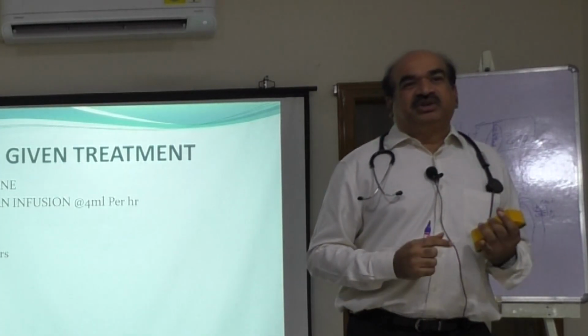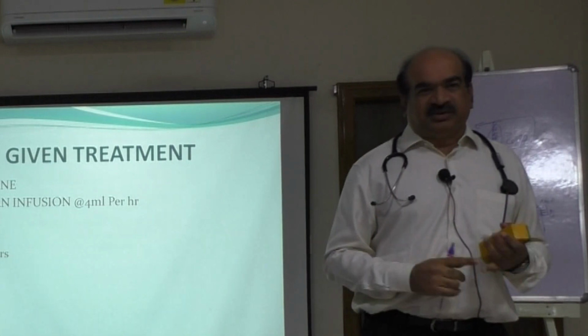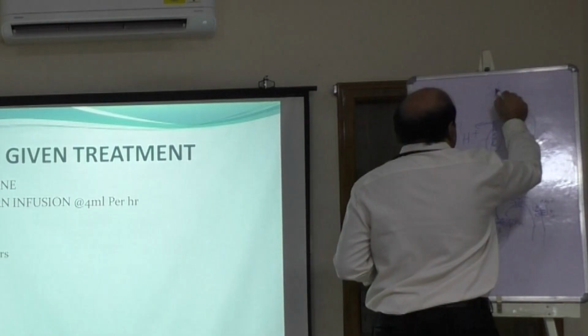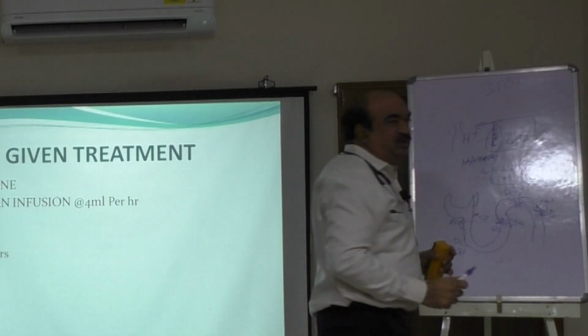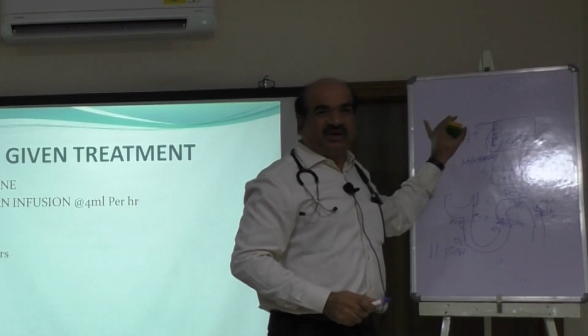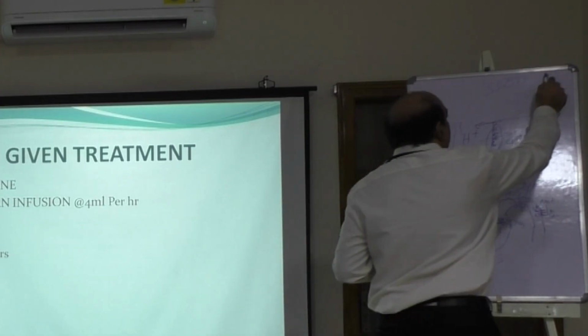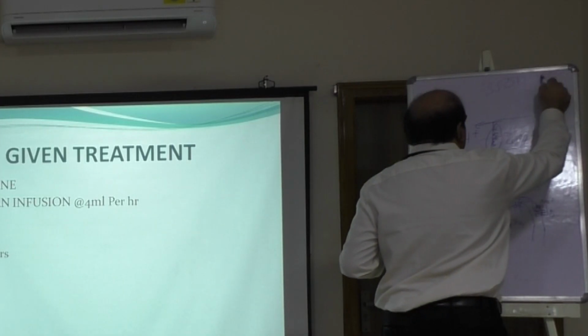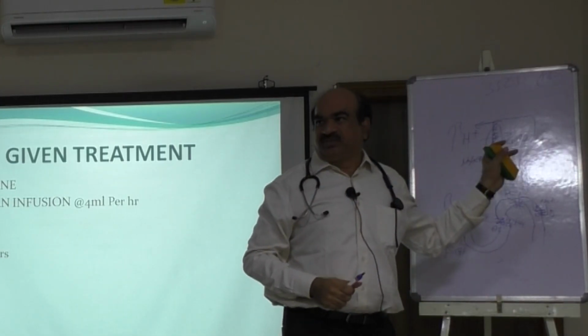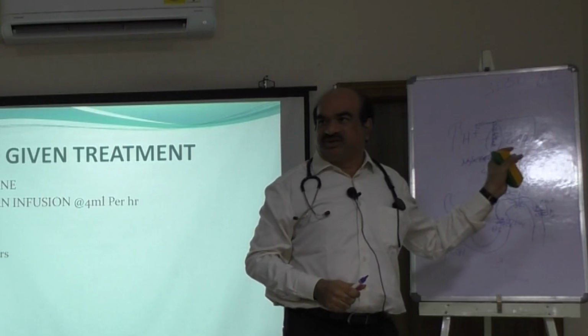Generally, what is the total body potassium? Total body potassium is 50 to 55 milliequivalents per kg, so for 70 kgs it means 3500. 98% is intracellular, especially in muscle cells.